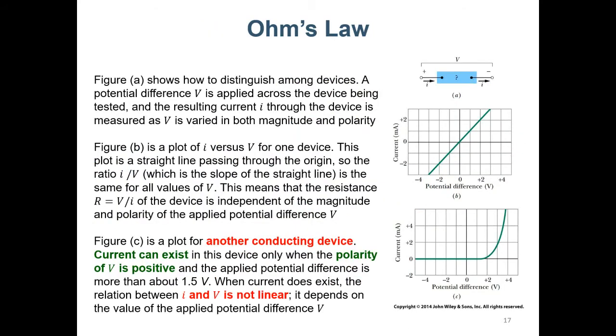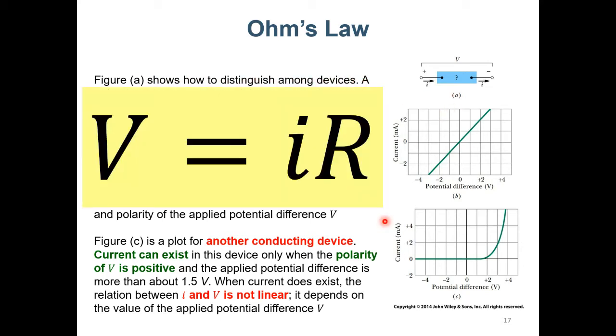Okay. So we see Ohm's law, which actually shows how to distinguish among devices. Which is nothing but V equals IR. And actually, the resistance has a linear relationship between the voltage and current.